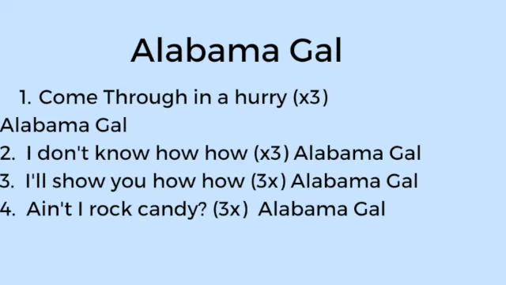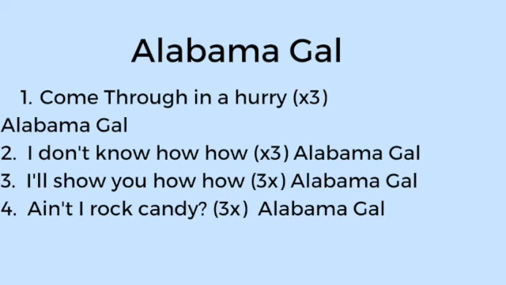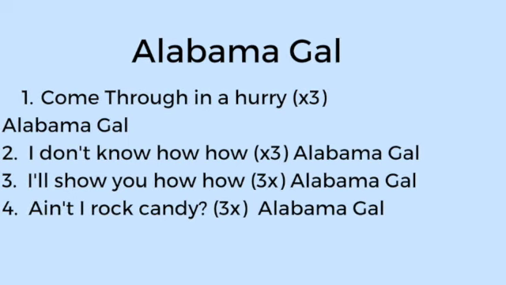1, 2, 3, 4. Come through in a hurry, come through in a hurry, come through in a hurry, Alabama girl. I don't know how, I don't know how, I don't know how, Alabama girl.